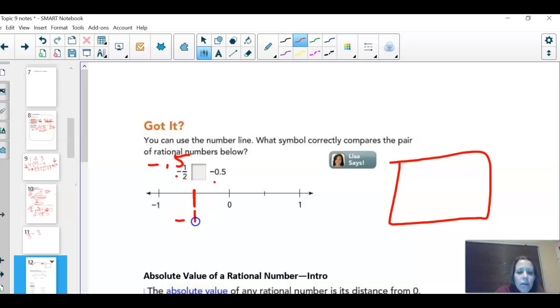Here's negative 1 and negative 1/2, excuse me. Este es negativo un medio. Y entonces, este es negativo 0.5. Or 5 décimas, okay? Or I can look at negative 0.5, which is 5/10. These are the same, igual, okay?